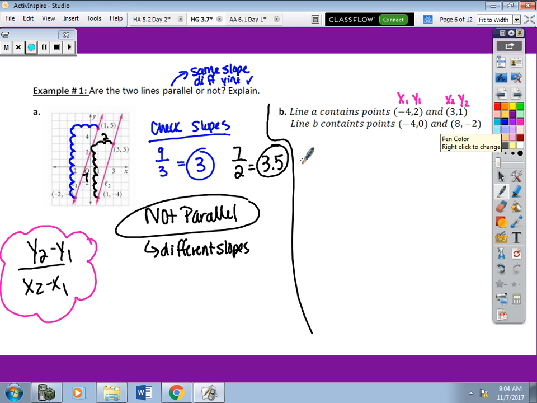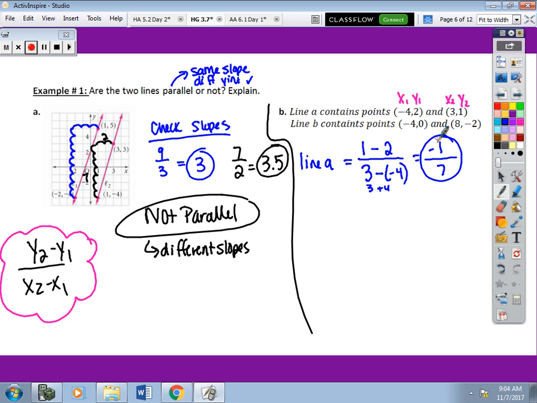So for line A, I would do y2, which is 1, minus y1, which is 2, over 3, minus a negative 4. So in the top I'll get negative 1, in the denominator I'll get 3 plus 4, which is 7. So I'm going to get negative 1/7 for the slope of line A.